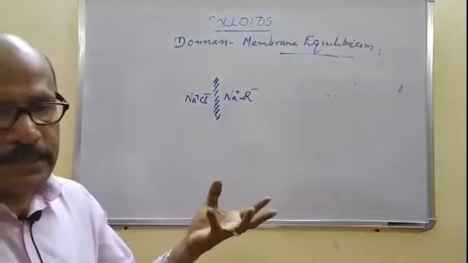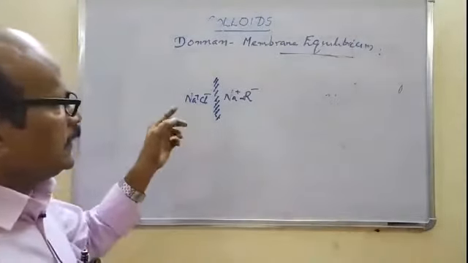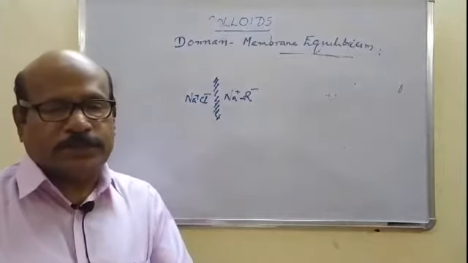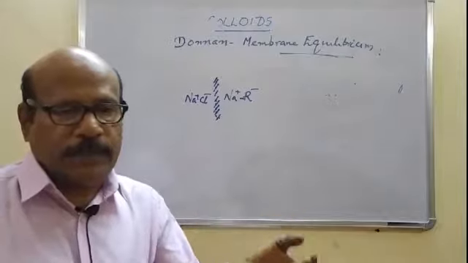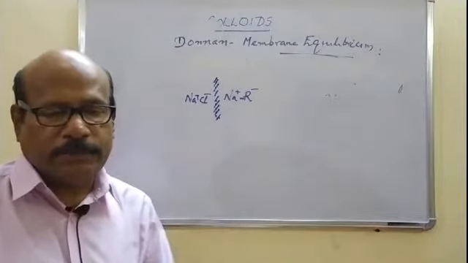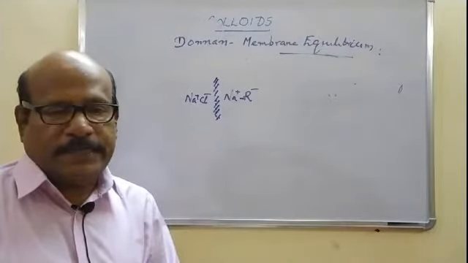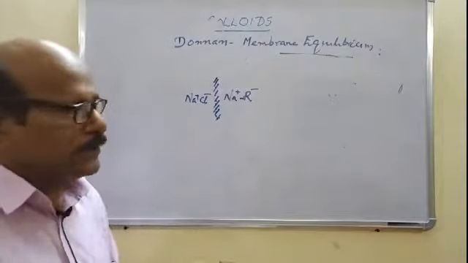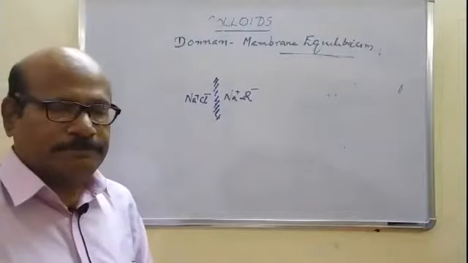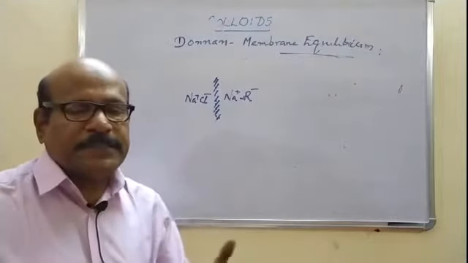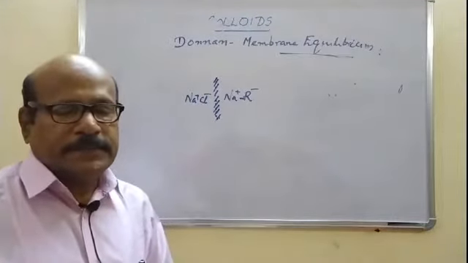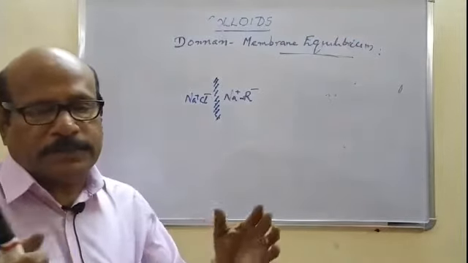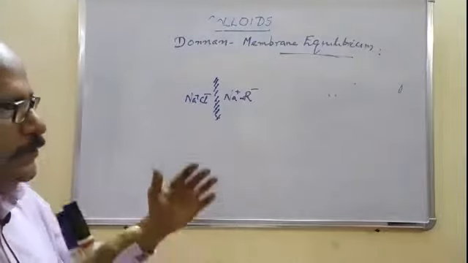That is, there is an unequal distribution of the diffusible ion on both sides of the membrane, and as a result an equilibrium is established. That special equilibrium is called the Donnan membrane equilibrium.